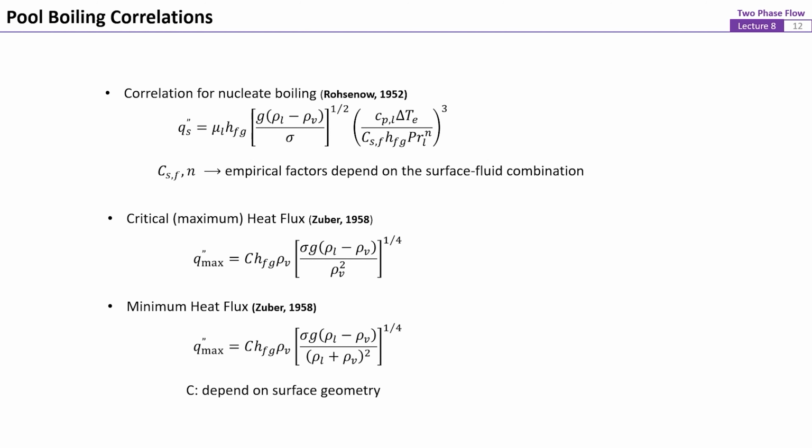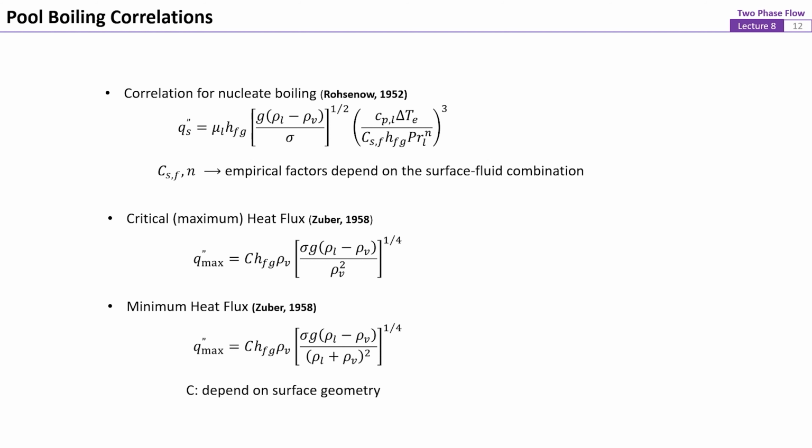The first one is the correlation for the nucleate boiling heat flux proposed by Rohsenow in 1952. Correlations developed by Zuber in 1958 for critical heat flux and the minimum heat flux corresponds to the Leidenfrost point are shown as follows.